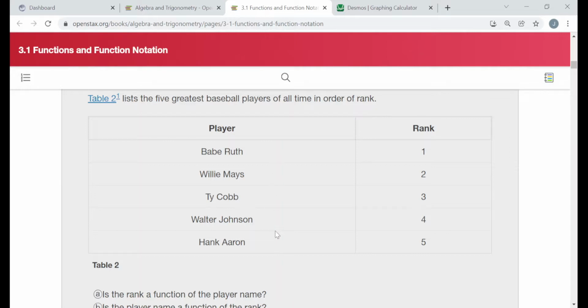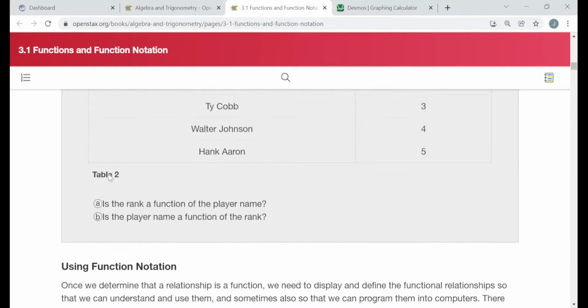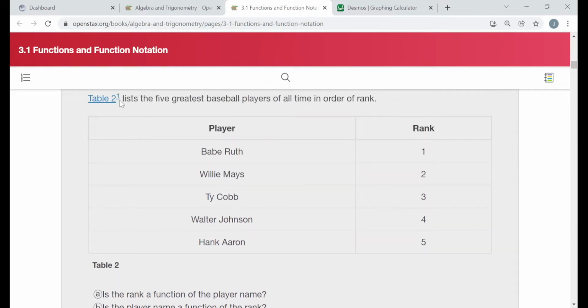They even put the source somewhere, and then they put number 1. Doesn't matter. So here I have 2 sets, and every single relation and function will have 2 sets involved. A set of players: Babe Ruth, Willie Mays, Ty Cobb, Walter Johnson, Hank Aaron. And a set of these ranks, just the numbers 1, 2, 3, 4, and 5.